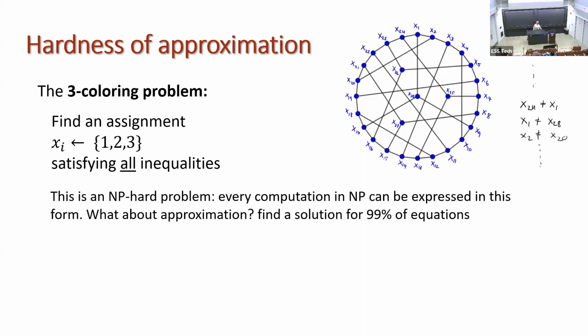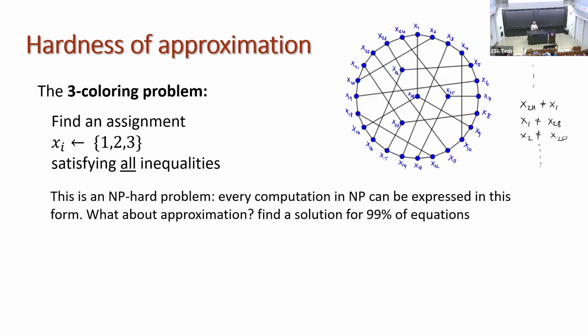So what does it mean that it's an NP-hard question? Firstly, we don't expect there to be a polynomial time algorithm for finding a solution. But more interestingly, it means that any other NP computation can be recast and expressed in this form. So this weird, esoteric-looking programming language of writing a graph and a bunch of inequalities expresses any computation.